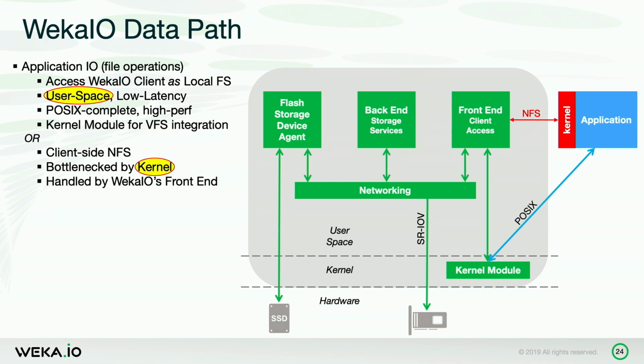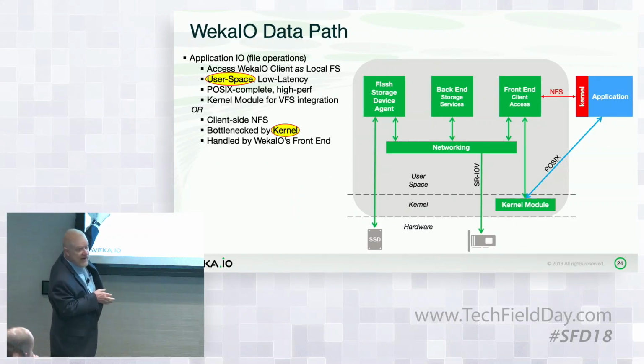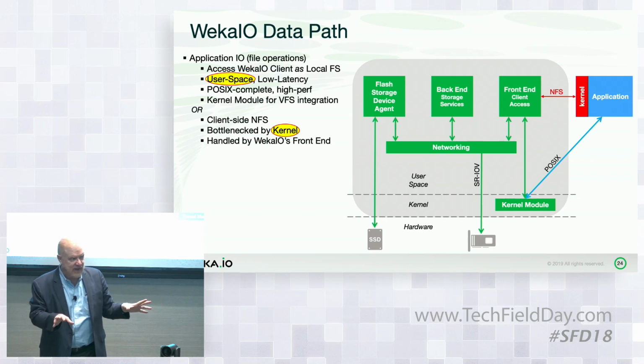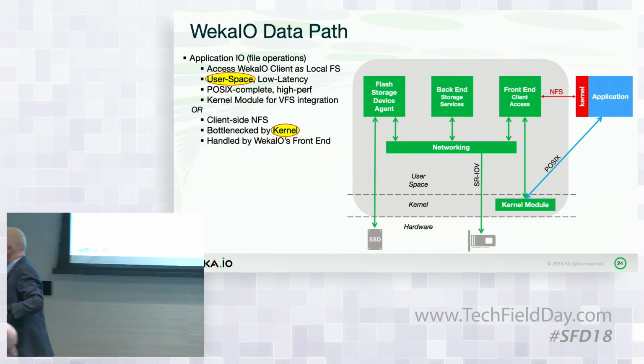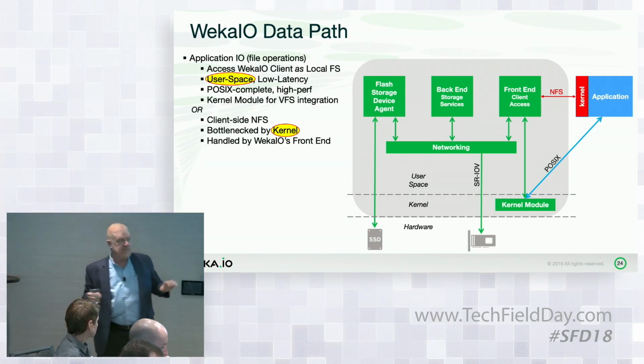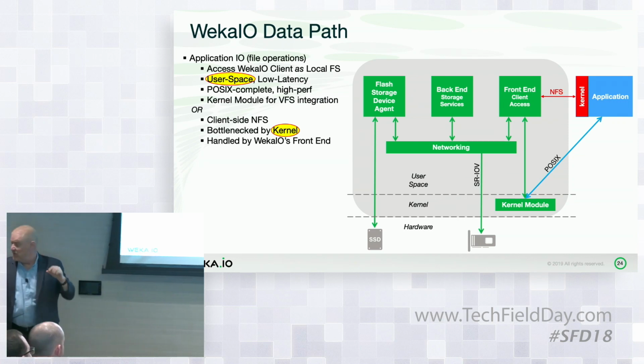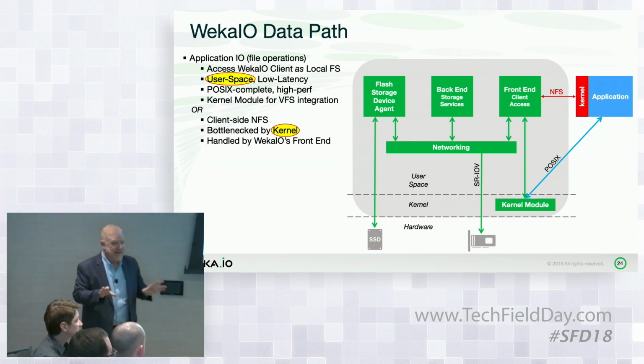That's one of the reasons we're very fast, very low latency: we're bypassing the I/O stack that would otherwise be provided by the kernel. And on the client side, if you were using NFS, we're not doing anything special on the client side, so that's one of the reasons it's going to be much slower. The kernel implementation for NFS has its own bottlenecks and limitations that we have not changed in any way.